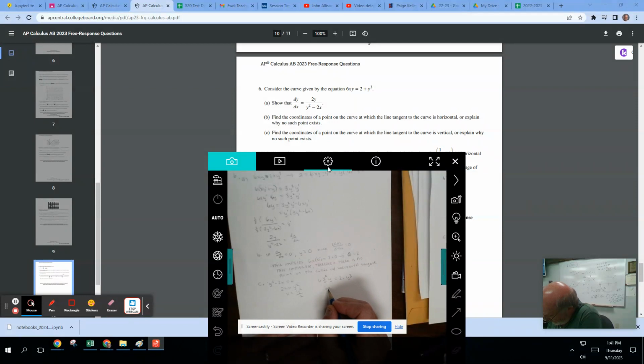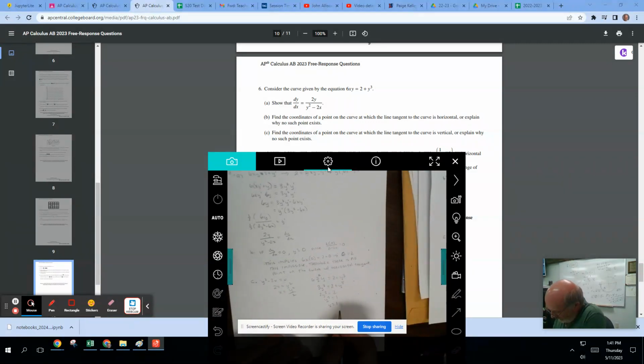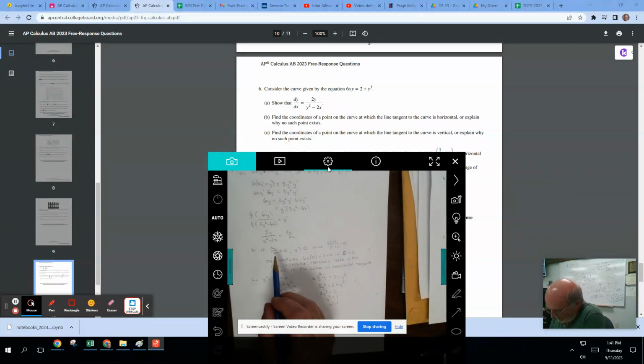That would be 6 over a half, so it's going to be 3y cubed equals 2 plus y cubed, or 2y cubed equals 2. So y cubed equals 1, where y equals 1. Y equals 1 would imply, let's see, go back to the original curve.